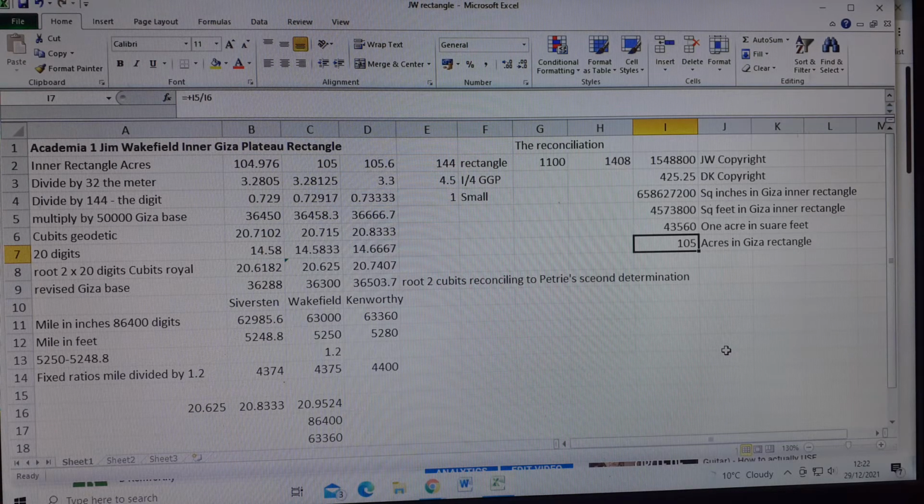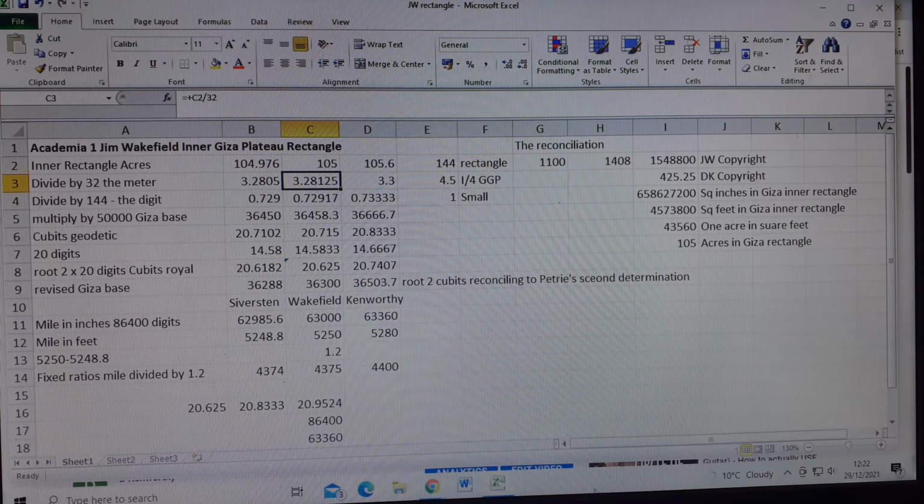Now let's have a look at what these rectangles are telling us. So the inner rectangle in acres that I've calculated using this calculation here is giving us 105 acres. And I've put that in there. And to get to the quarter of the Giza base, we divide by 32.